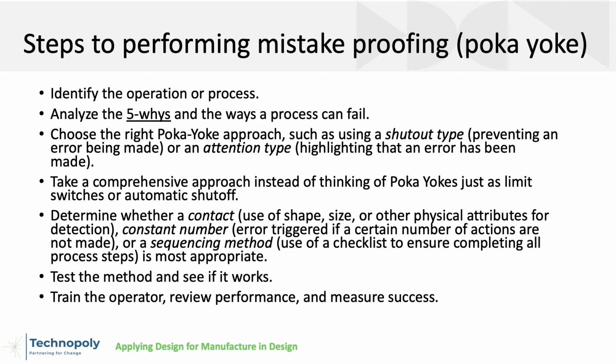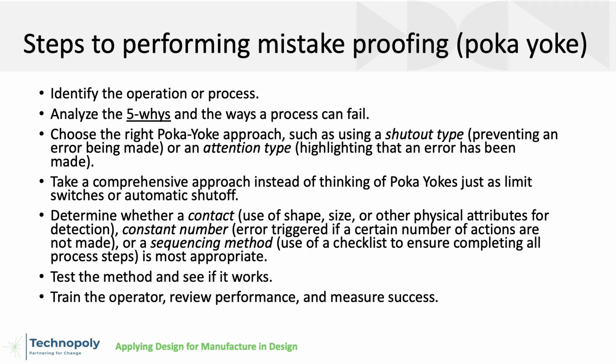When we talk about using these concepts, we can apply different techniques in Poka-yoke, which we'll discuss later. Second, we need to also look at how errors can be created, and oftentimes these can be in the form of either a contact, meaning there was touch, or a constant number that happens, meaning something that happens often in your process, or it can be related to the sequence by which you do the work.